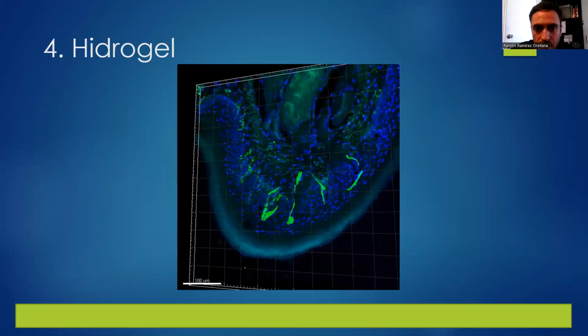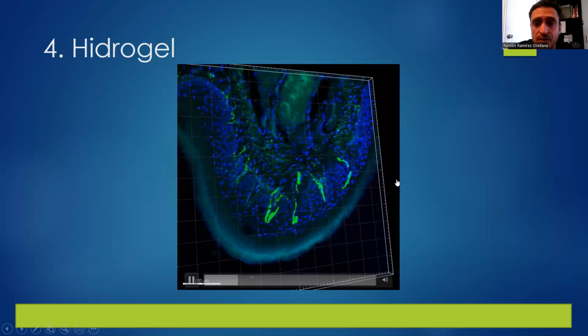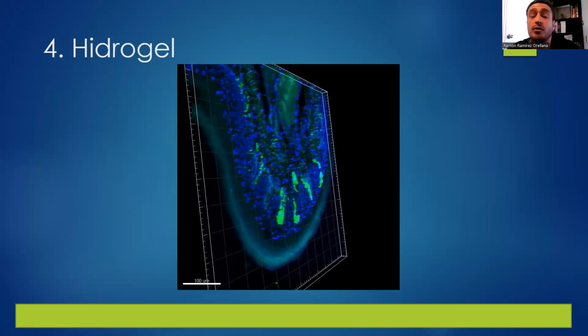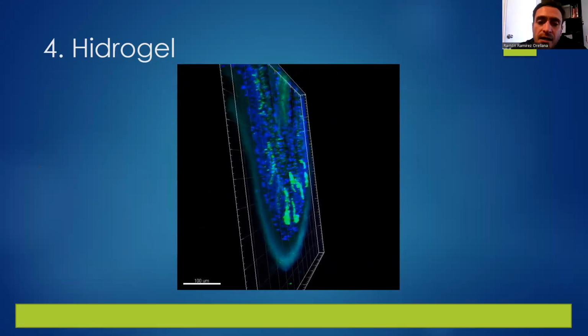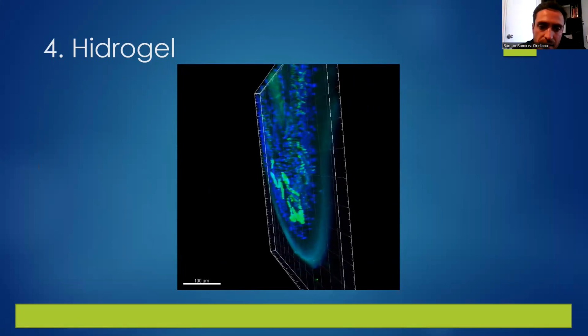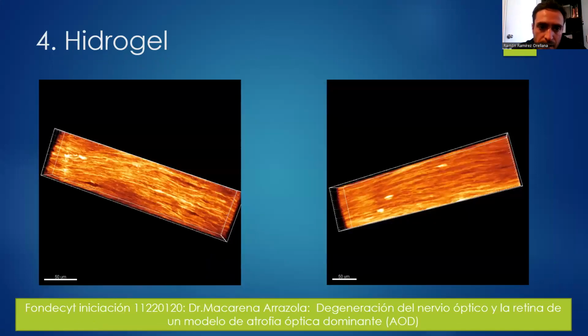También hemos hecho esta técnica en piel, donde han tenido buenos resultados también, porque no existe tanto problema en los tiempos de clarificado, y además el anticuerpo penetra bastante bien en la piel. Esto es nervio óptico.